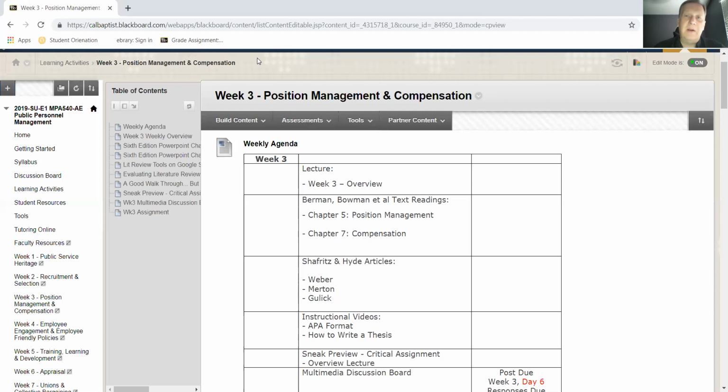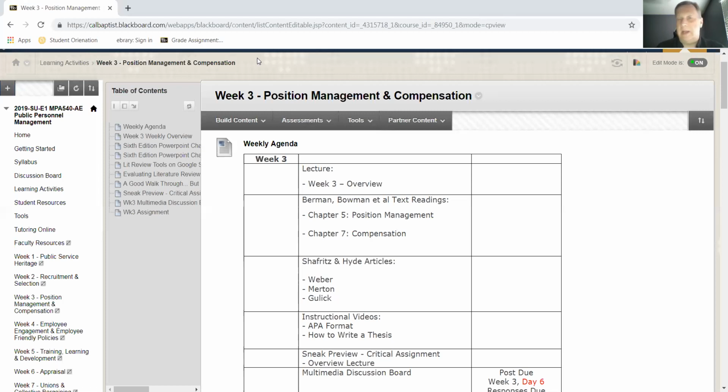So what that then allows us to do in this type of job evaluation is, by comparing jobs to each other, we can then place them in pay grades on a classification schedule. And so like what they use at the federal level, the general schedule, that is a classification schedule. And so positions that fare better in your job evaluation will then fit into a higher pay grade on your classification compensation schedule.